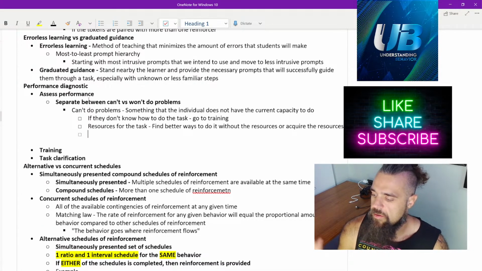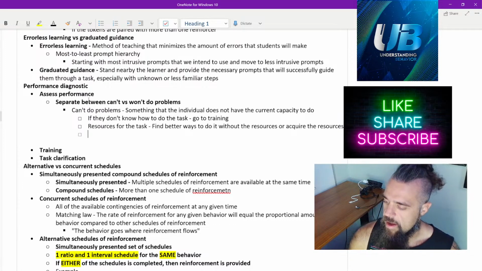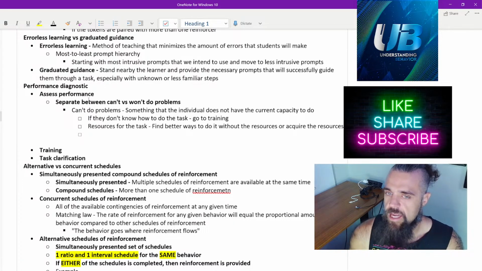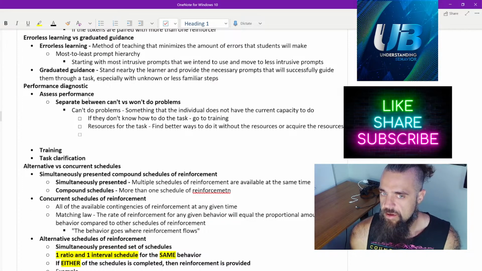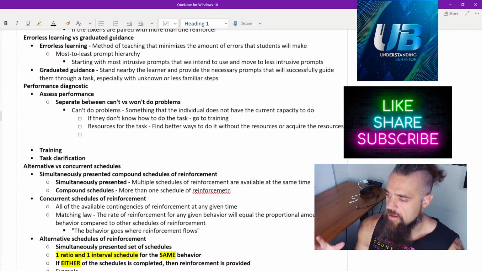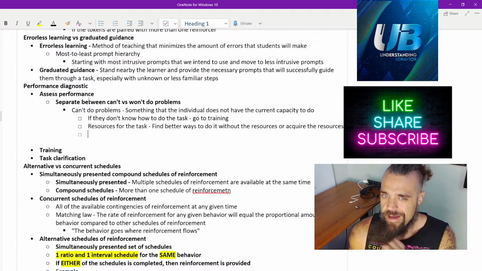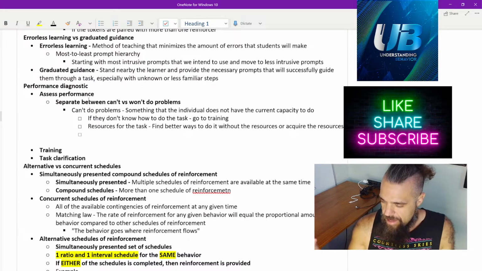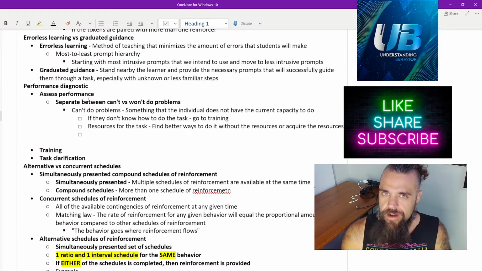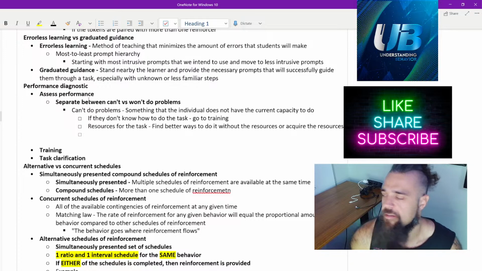So for example, if you run an ABA company and you have an online data collection system, then you should provide an iPad or some kind of tablet for the technicians to record the data, and not expect them to use their phones, because that might not be the right resource for the task. And if they're not doing it, then that's a clear reason. We just have to fill that gap or find a different way to do it.